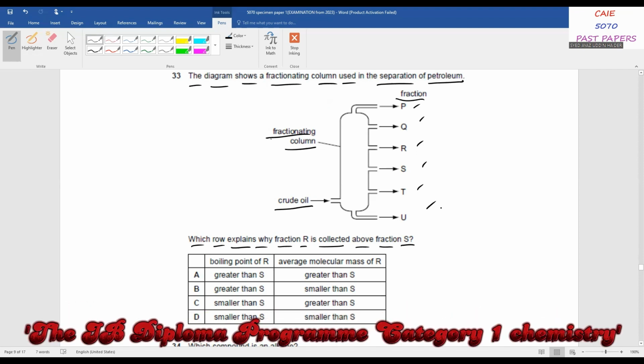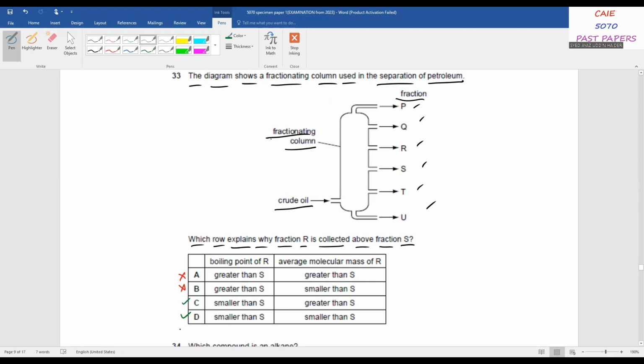If they have written that the boiling point of R is greater, straight away you will omit choices A and B. You are left with C and D. Both of these are correct. Now look at the statements. The average molecular mass of R should be smaller than S. So this is wrong. This one is correct. So the correct answer will be D.